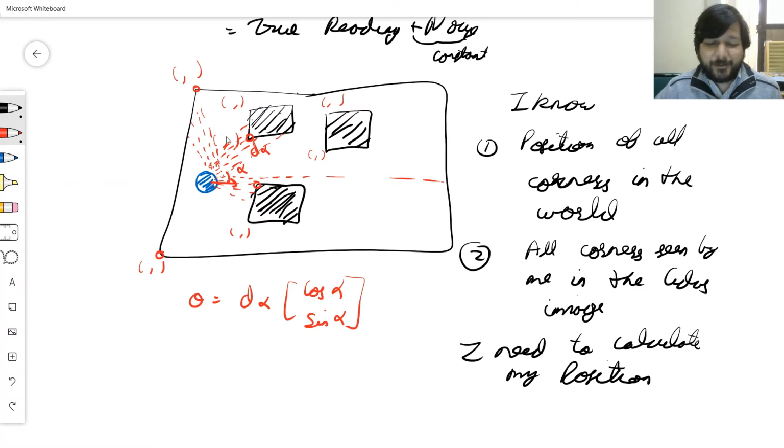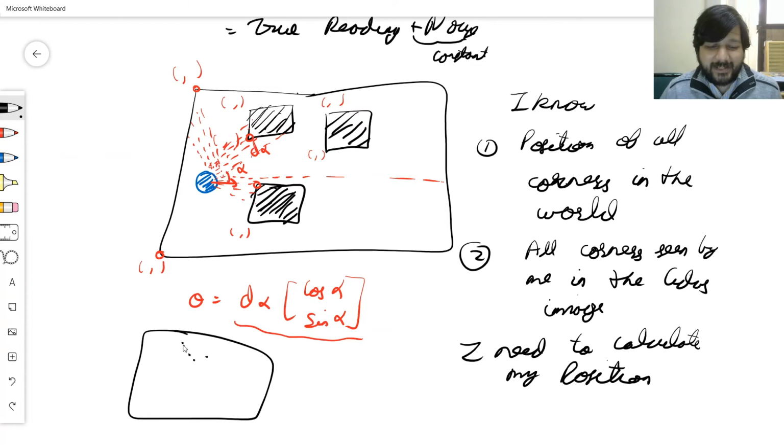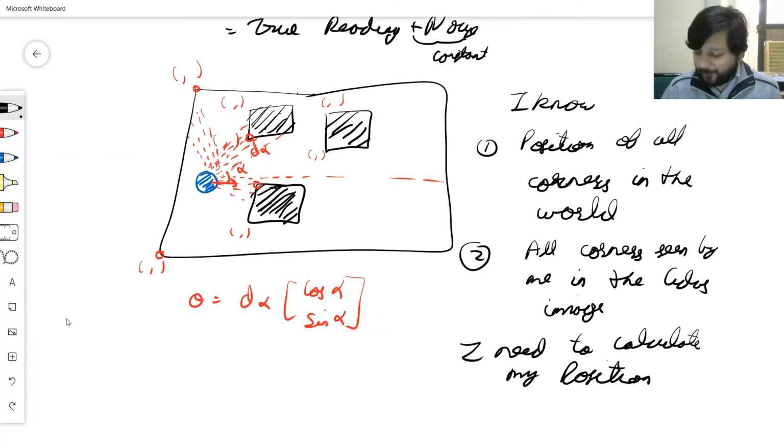And using all these obstacles, I will take an empty canvas and put dots at all these points. That's exactly how a LiDAR image will look. If I plot all these points on an empty canvas, I get all these points. And using this image, you can see that I can easily find out the corners.